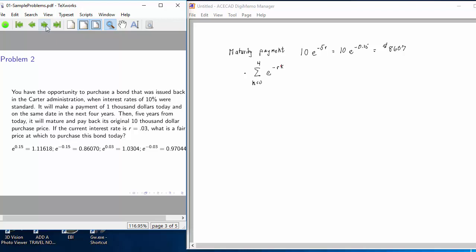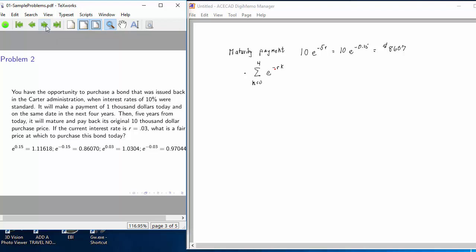In other words, the payment that we get today has its full value. The payment k equals 1 has to be discounted by e to the minus 0.03 for the fact that you could have put money in the bank account and it would have grown over 1 year.